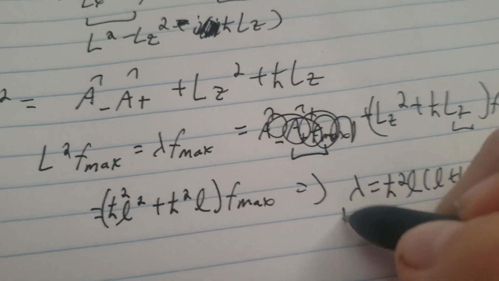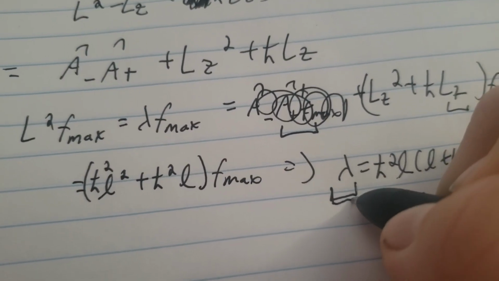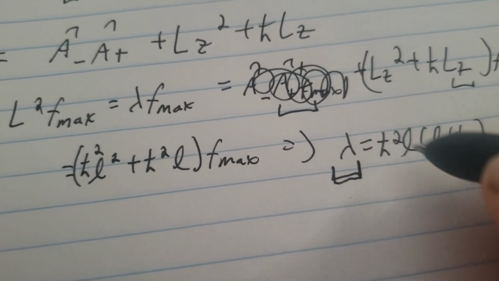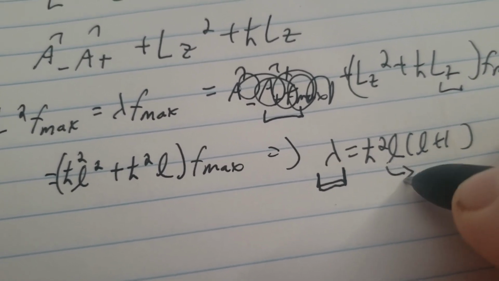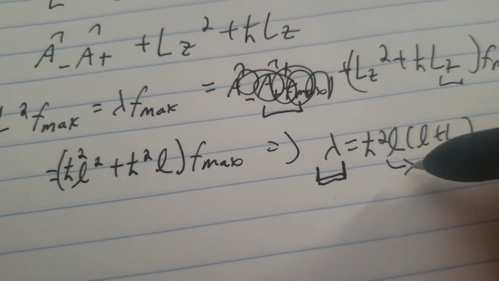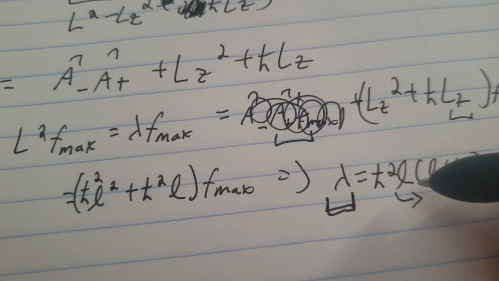So that means if you have a defined total angular momentum, it determines what your maximum Lz will be. We can use a similar argument for the lowest eigenvalue of Lz.